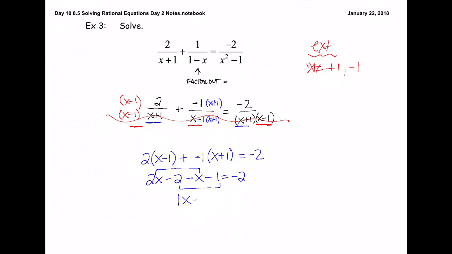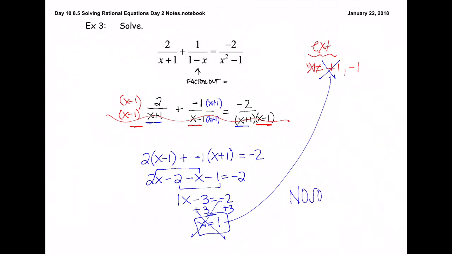Negative 2 minus 1 is negative 3. Equals negative 2. Inverse of negative 3 is plus 3. X is equal to 1. Except we know that x can't equal 1. So if your solution and your extraneous solution match, and it can't be a solution, you have no solution to your problem.